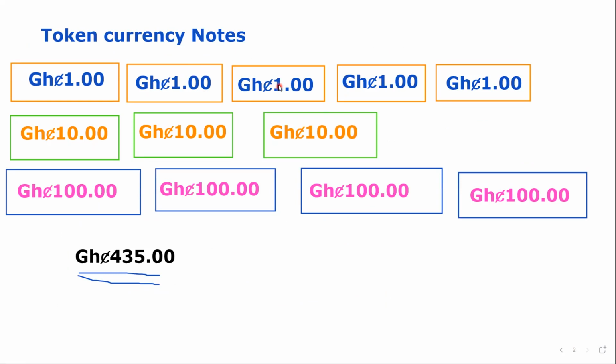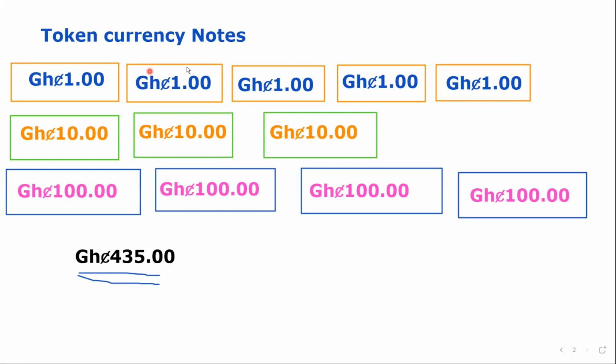We draw 5, which represents the 5 cedis. And then how many currency notes are you going to model for the 10 Ghana cedi? You draw 3, which represents the 30 Ghana cedis. And then the 100 Ghana cedi, how many 100 Ghana cedi notes are you going to draw? You draw what? Draw 4 of it, which represents the 400 Ghana cedi.